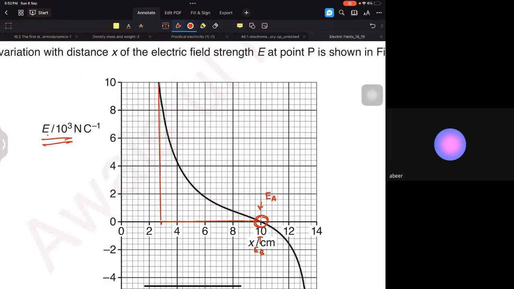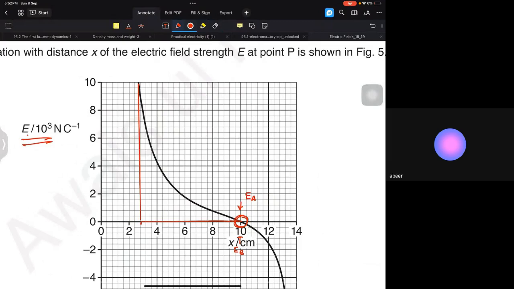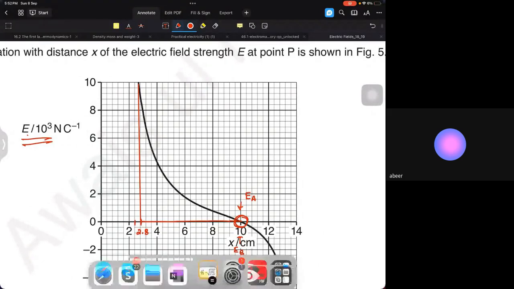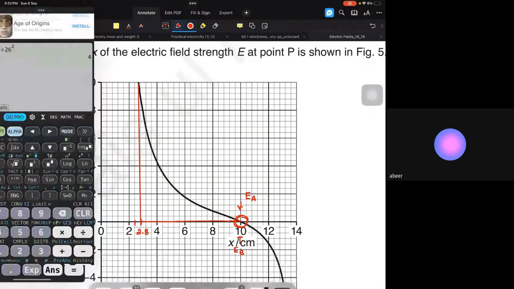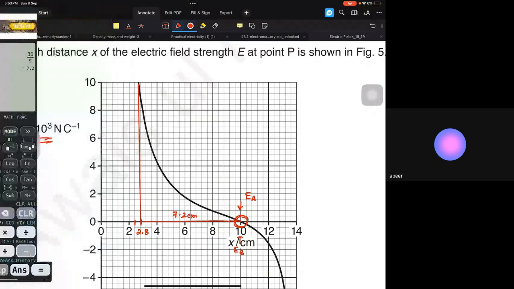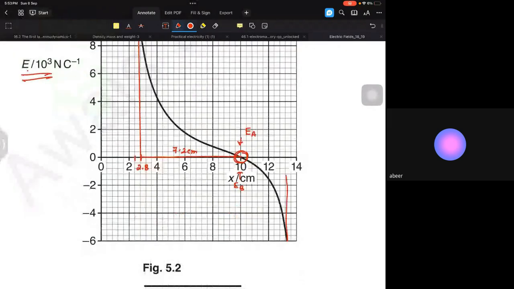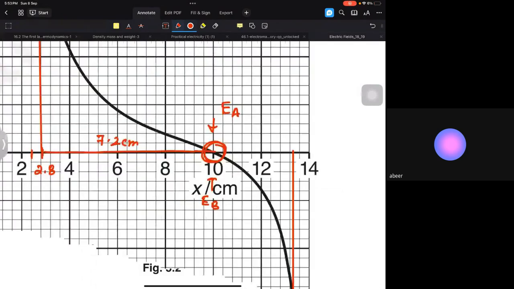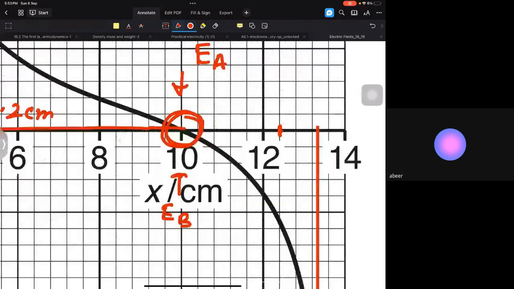It's pretty simple. This is going to be 2.4, 2.8, and that's 10. So this distance is going to be 10 minus 2.8, so you get 7.2 centimeter here. And for the other charge, I'm going to do the same thing. It is somewhere here. I'm not sure what that is, but this will be, I think, 12 point.